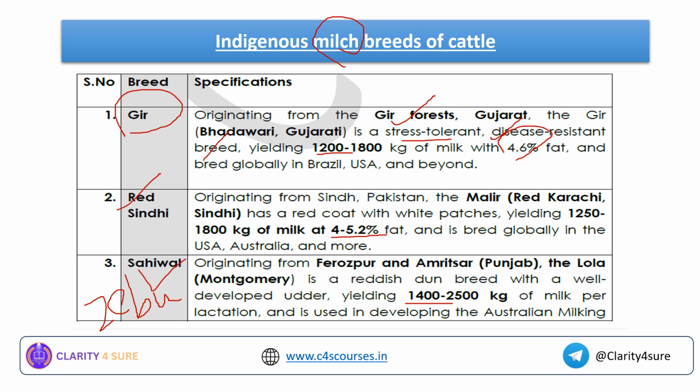I hope these important milch breeds of cattle are clear to you now. So I think you will now be in a better position to answer any question that comes from these indigenous milk breeds of cattle. We are discussing only the most important breeds that can come in your examination.